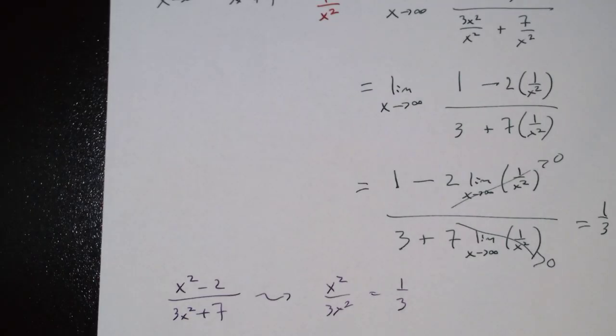If x is absolutely gargantuan, does adding 7 after I square really matter? If it's huge and I square it, it gets even bigger, and then I subtract 2. So what? The difference between 1,000,000 and 999,998, nobody really cares if you subtracted 2 there. Those parts don't count. If I am looking at a rational function, I really only need to look at the highest powers.